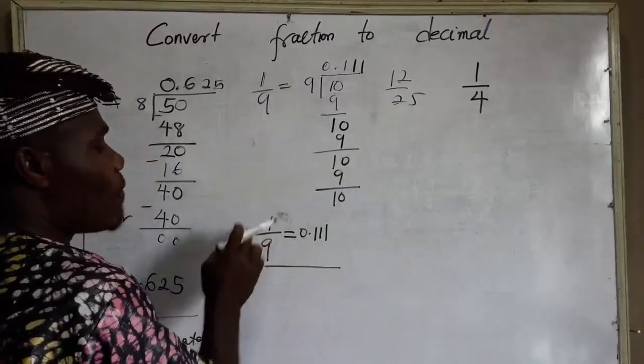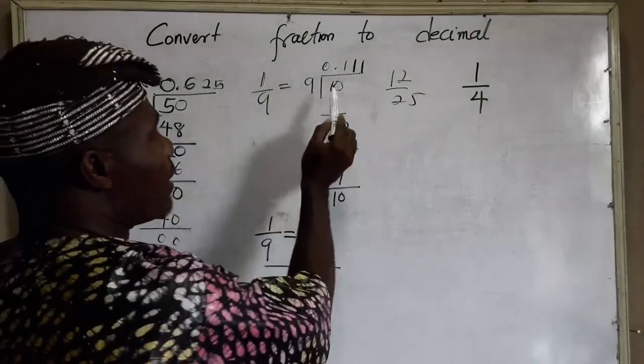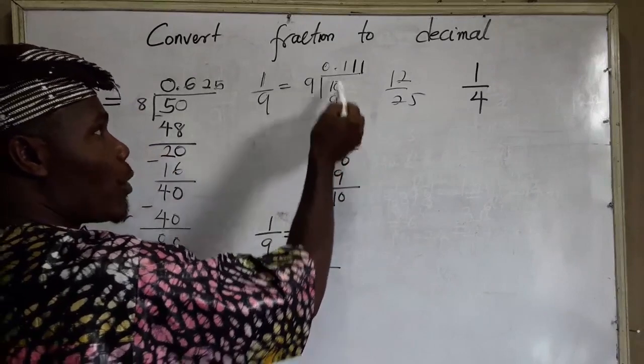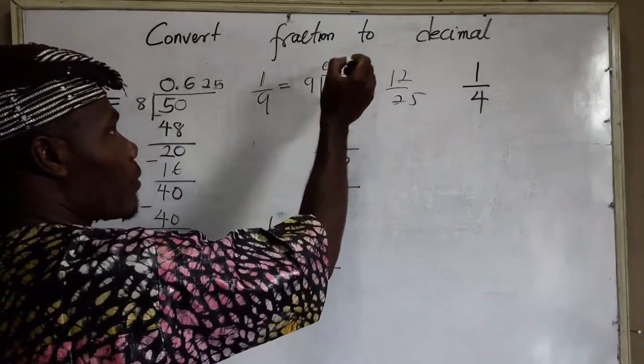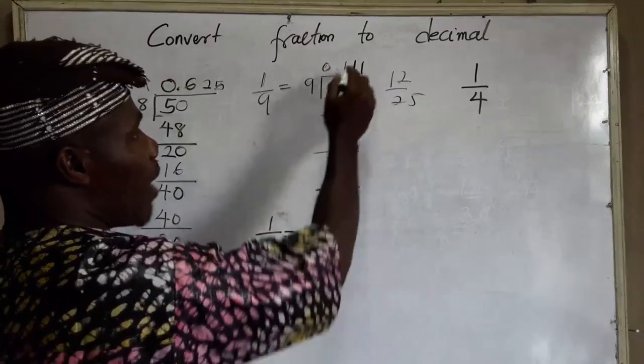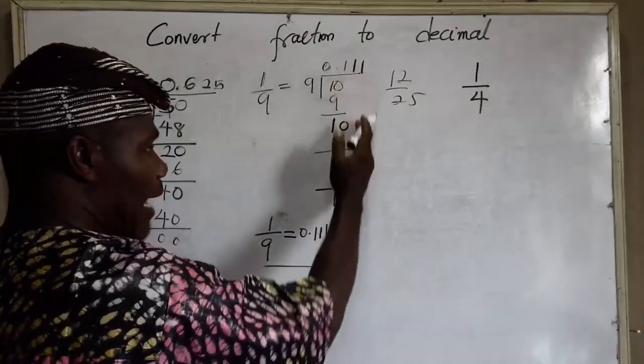The logic is that 9 will divide 1, it is not possible, you borrow 0, and the 0 point comes here to give us 0.111. So these are the steps.